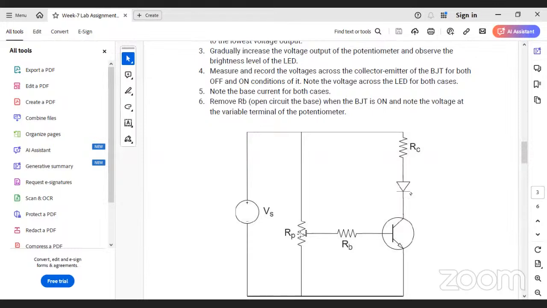Accordingly, depending on this. In the off condition also, IB, a very small amount, will flow, but you have to note that down too. Once the LED goes to on condition, there will be some value. That also you have to note down.